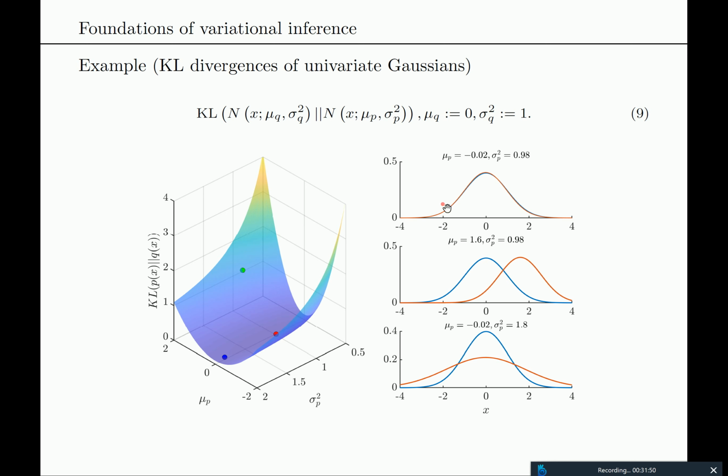So they largely overlap. And the corresponding KL divergence, which should be Q and P, sorry, is fairly low. On the z-axis you see the KL divergence. On the x and y axis you see the parameters of the second univariate Gaussian, because it's all with respect to the standard normal Gaussian.